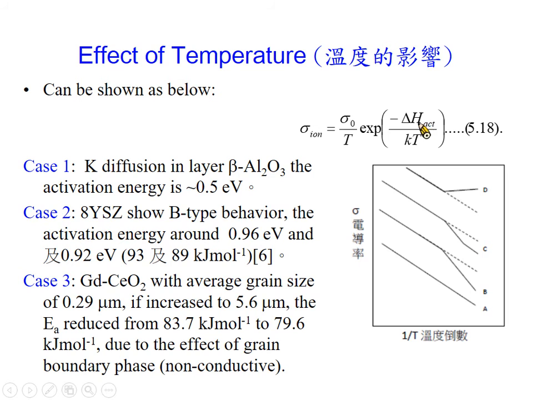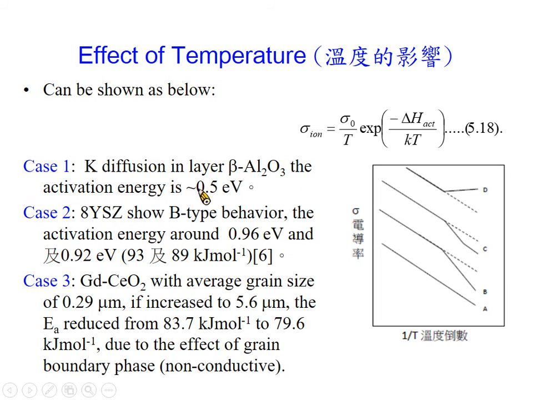In the first slide of this chapter, we know that the electric conductivity as a function of the temperature can have 4 different types of dependence. Let me give you several cases that we can read from this. The potassium or sodium diffuse in the layer, the beta alumina we just mentioned in the previous slide.